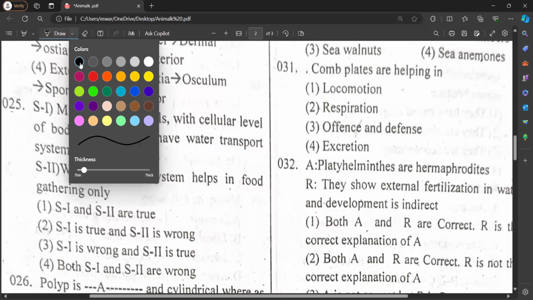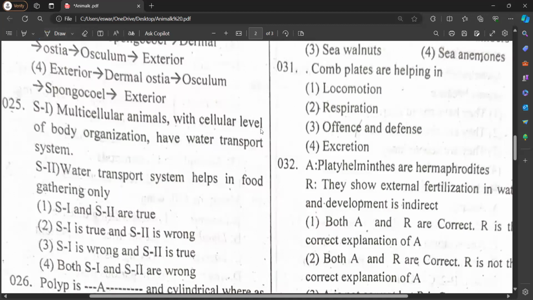Multicellular organisms with cellular level of body organization have a water transport system. What is the other name of the water transport system? Canal system.